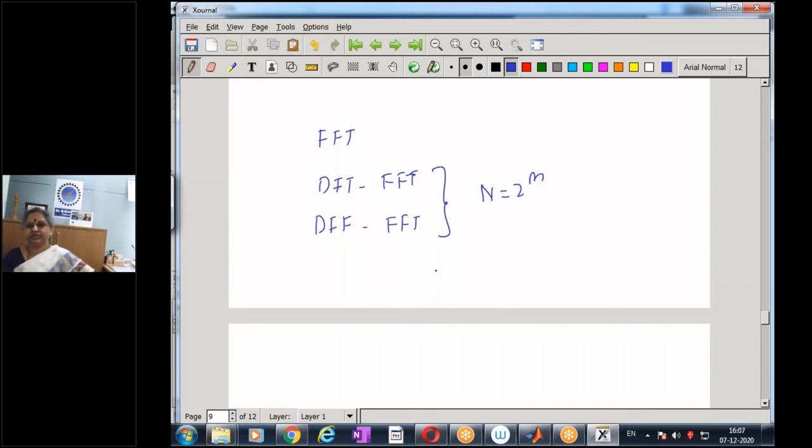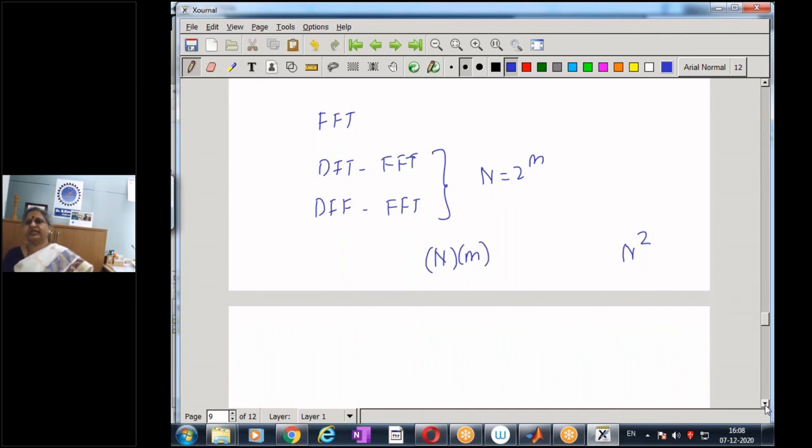And the computational complexity reduces to n log n as compared to a typical computation of n square. And hence, because they reduce the computational complexity, they are known as the FFT algorithm. Algorithms exist for when n is not a power of 2 as well, but that we shall not take up.